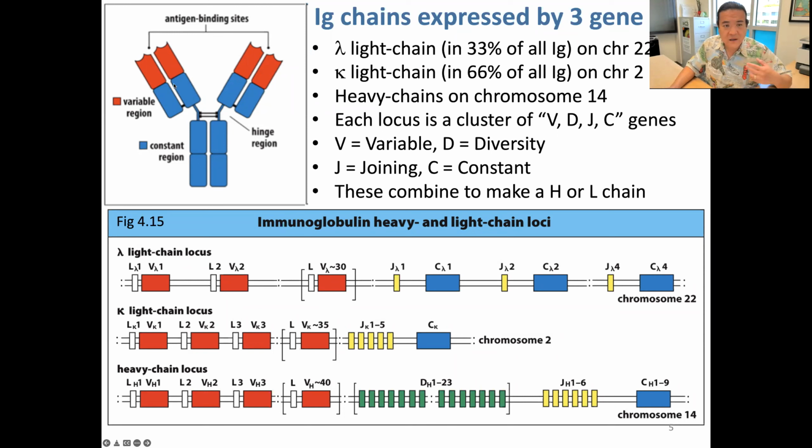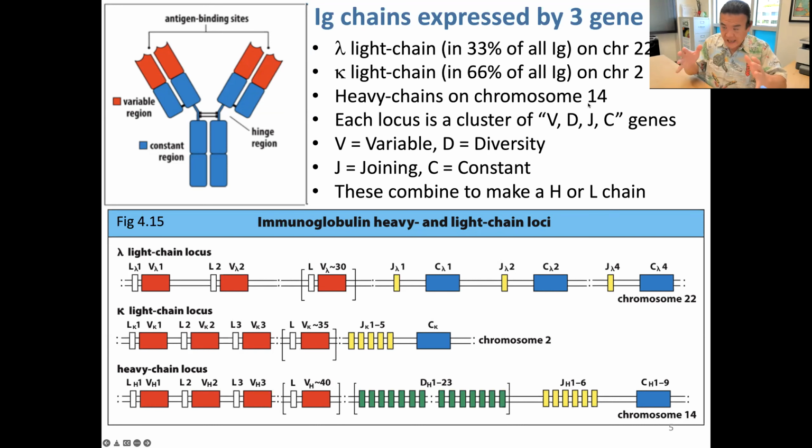The remaining 66% of your immunoglobulins have light chains of a type we call kappa light chains. So the majority of your immunoglobulins actually have kappa light chains, and those are coded for by genes on chromosome 2. All of the heavy chains are encoded by genes on chromosome 14.